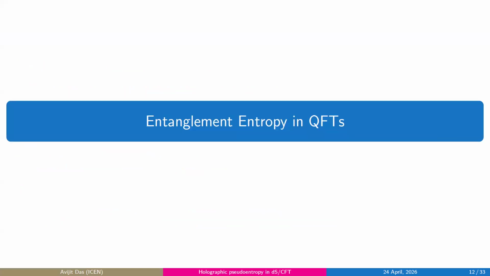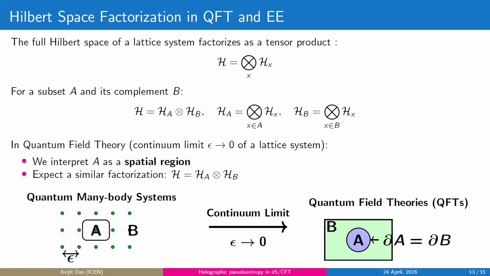Now, until now I have talked about quantum many-body systems, but what will happen if we go to quantum field theory? So in quantum field theory, you can start with a lattice system or quantum many-body system. So you have this, and then you can define a region A, consisting of many points, and then B, which is the complement of this region.